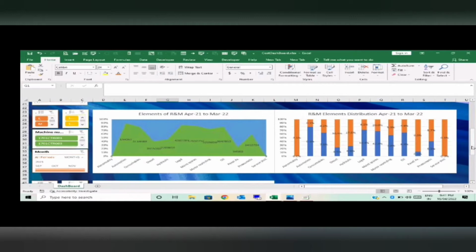You can even go department wise, machine wise, element wise. Friends, it's up to you what you want to derive, what exactly you want. So here I have made a prototype, that is the area of elements.